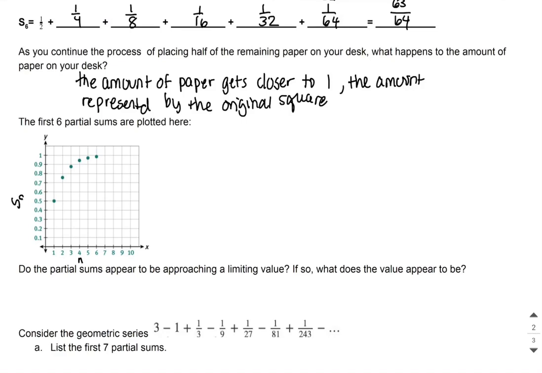Does it appear to be approaching a limiting value? Yes, as I continue increasing the number of terms I'm adding together, I'm getting closer and closer to 1. So yes, it does, and that number is 1.